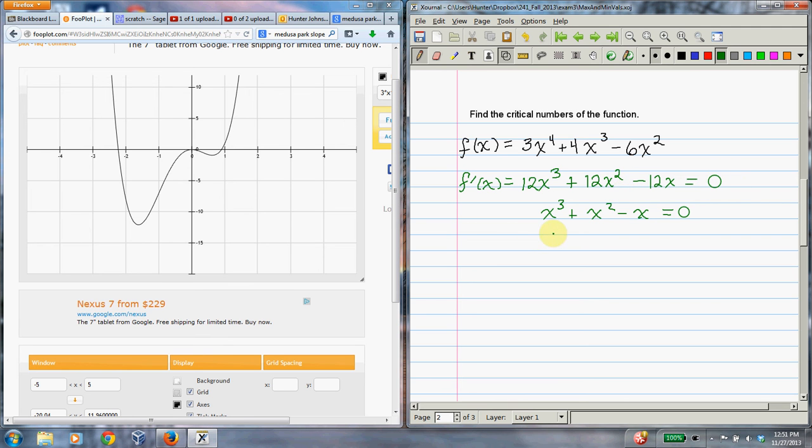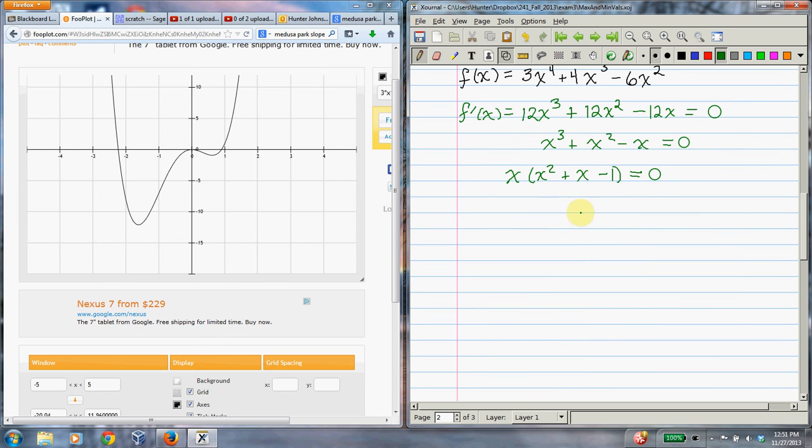So now let me factor out an x, and you have x squared plus x minus 1 equals 0. And now let's see if we can factor this part in our head. So are there two numbers that multiply to minus 1 but add to 1?